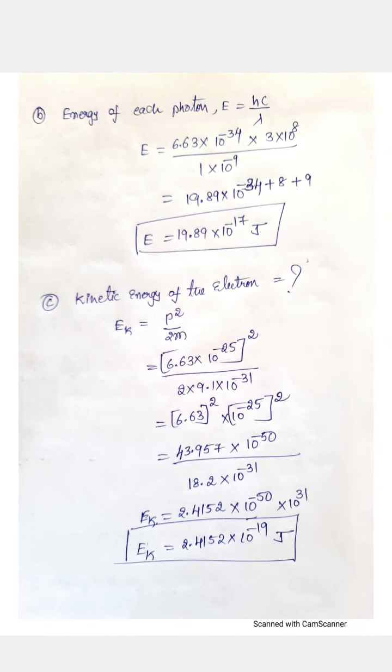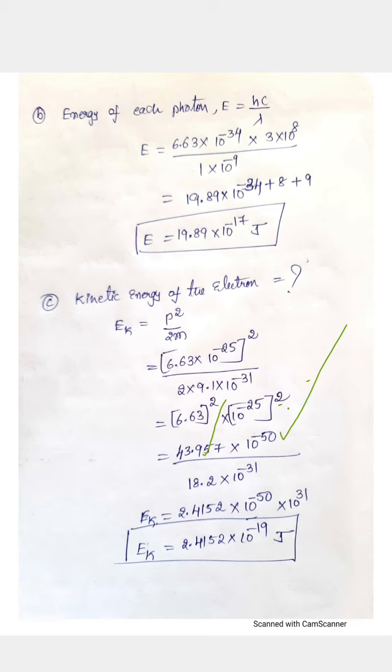In the next step, calculate 6.63 whole square, you will get 43.957. Next, what do we have to do? Again, use the formula x to the power m whole to the power n is equal to x to the power m into n, that is 10 to the power minus 25 whole to the power 2 is equal to 10 to the power minus 50.